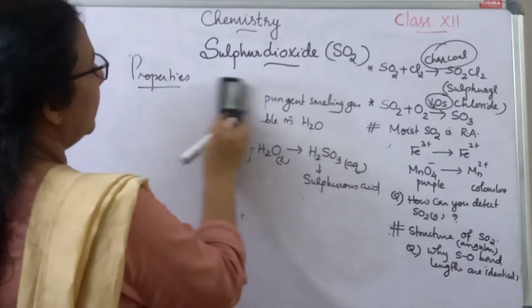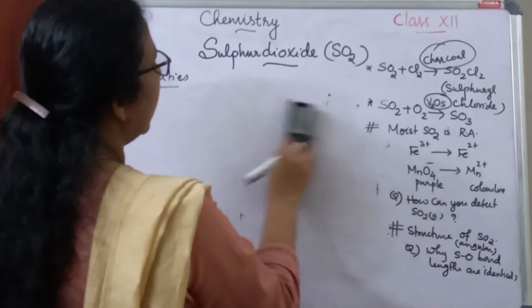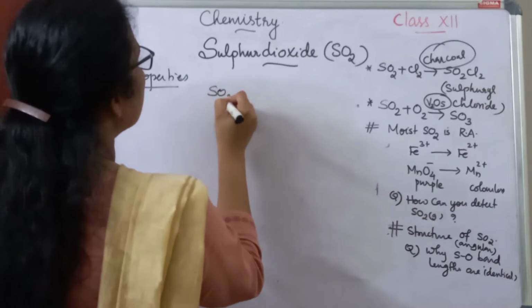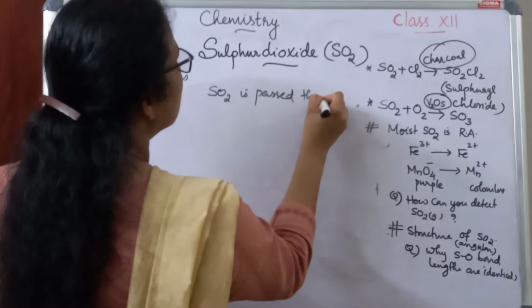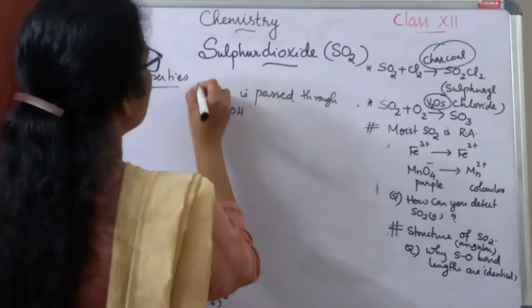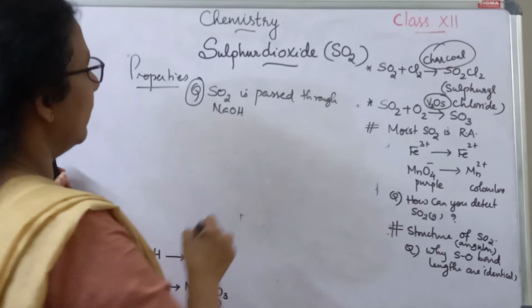In chemical properties, first of all we will see what happens when sulfur dioxide is passed through NaOH. So this is an important question. Sulfur dioxide is passed through NaOH, what happens?